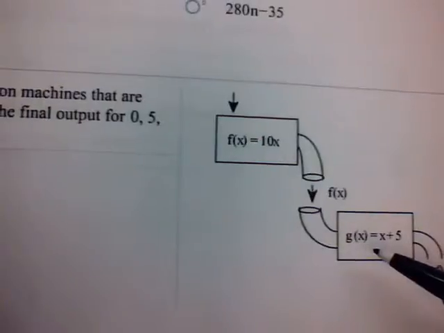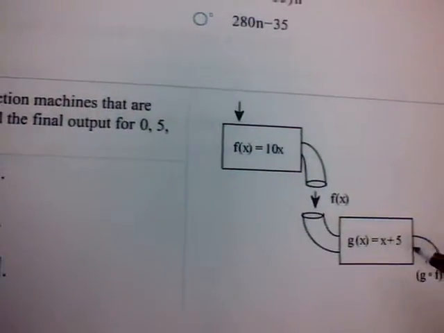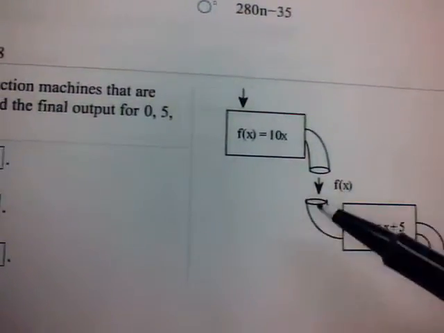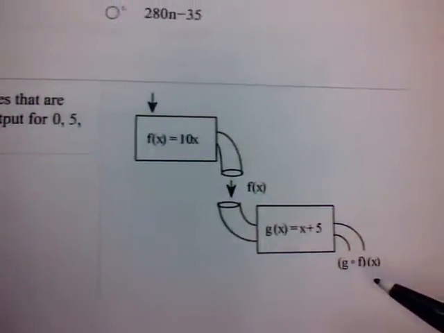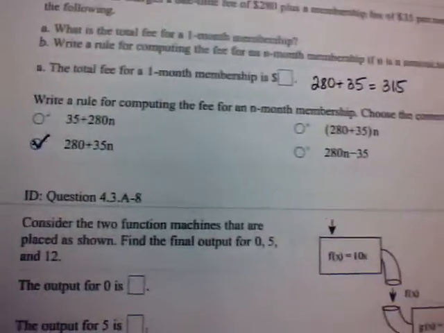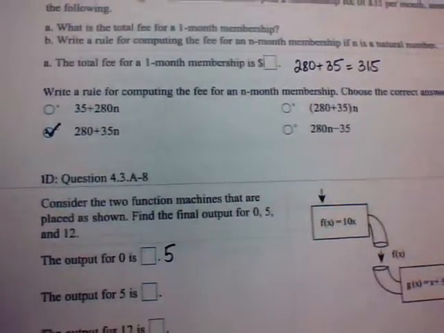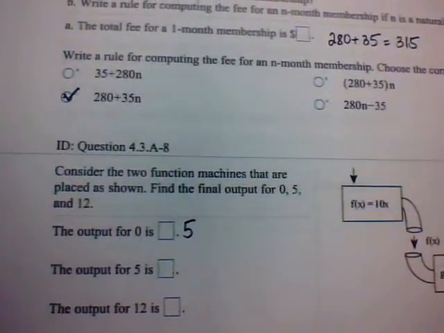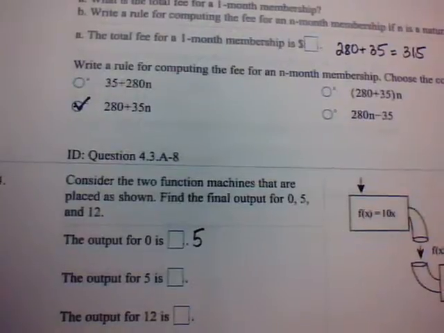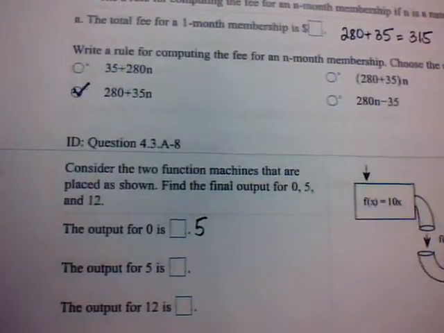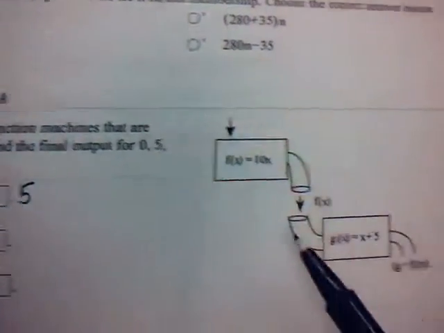And then this function is g of x equals x plus 5. If this is 0, then 0 plus 5 will end up being 5. So the output for 0 is 5. And then next, the output for 5 is this.